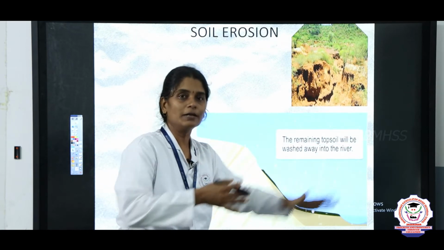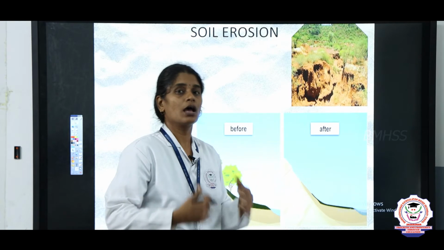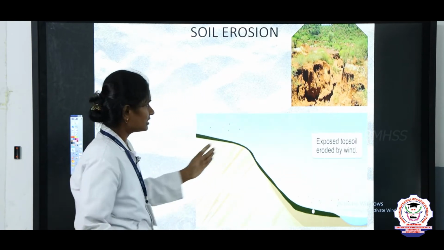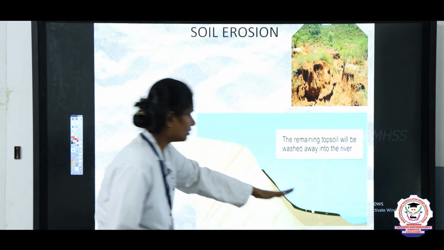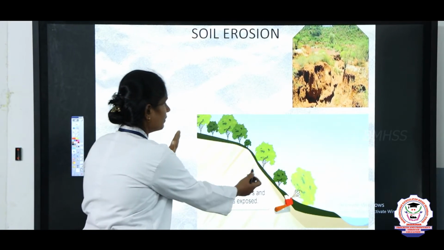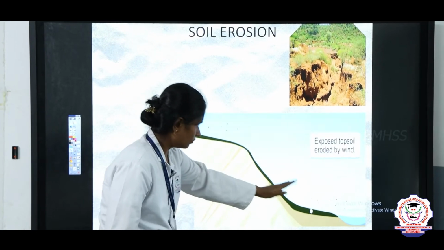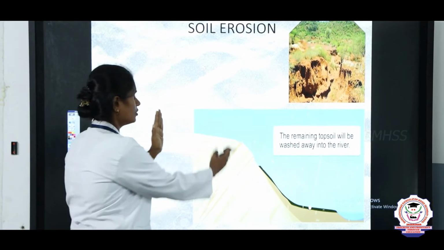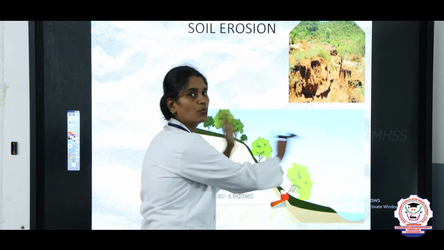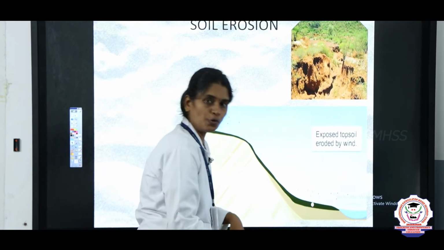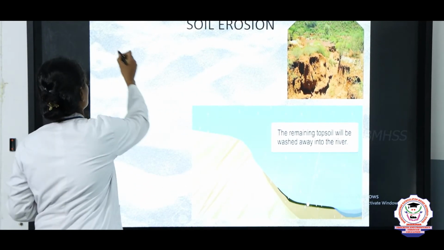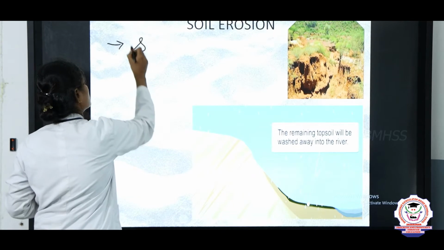So this is how the topsoil is removed by the action of wind. You can see that before, the soil was like this, but after the wind, the soil is eroded and the topsoil is moved away to new places, by the action of strong winds.